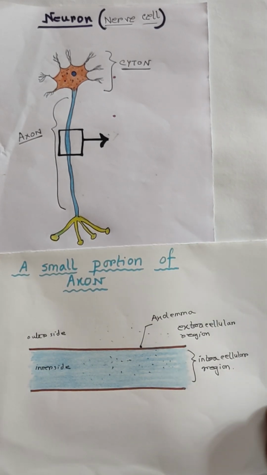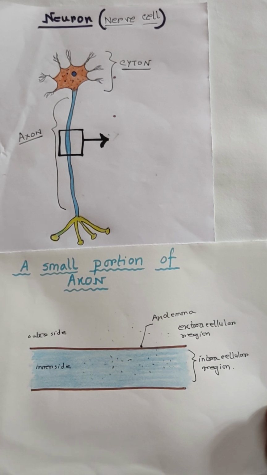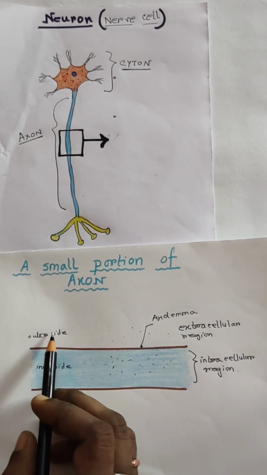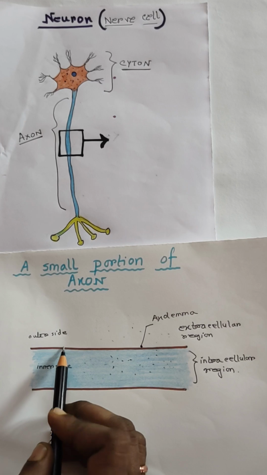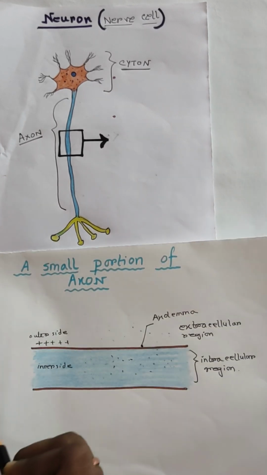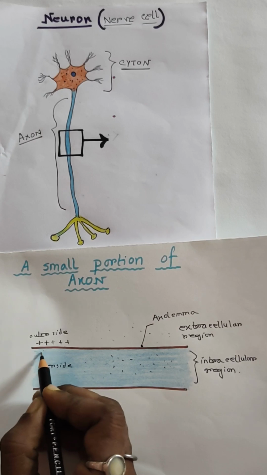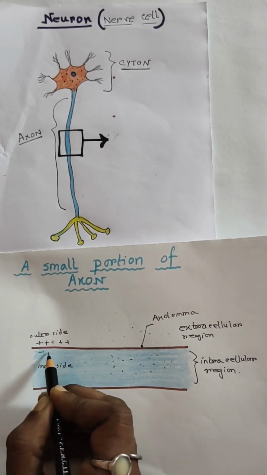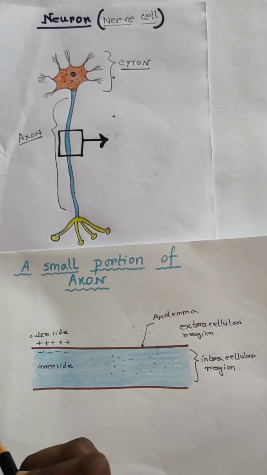In resting stage or in normal state, the outer portion of the membrane is positively charged, and the inner portion, that is the inner side of the cell, is negatively charged.